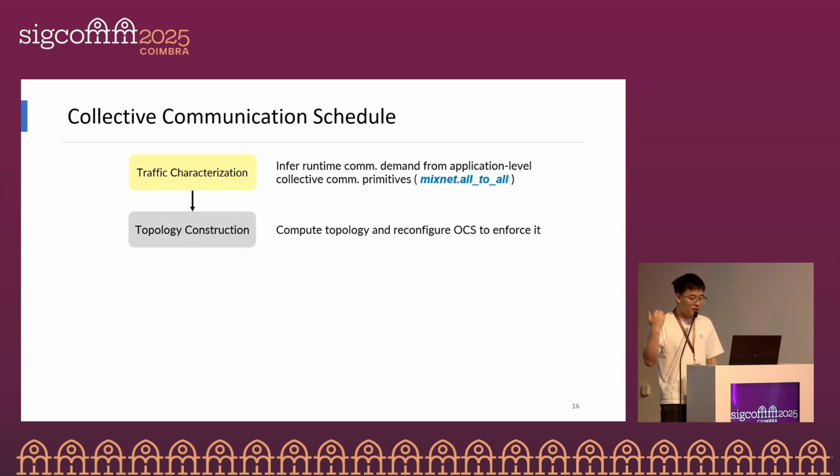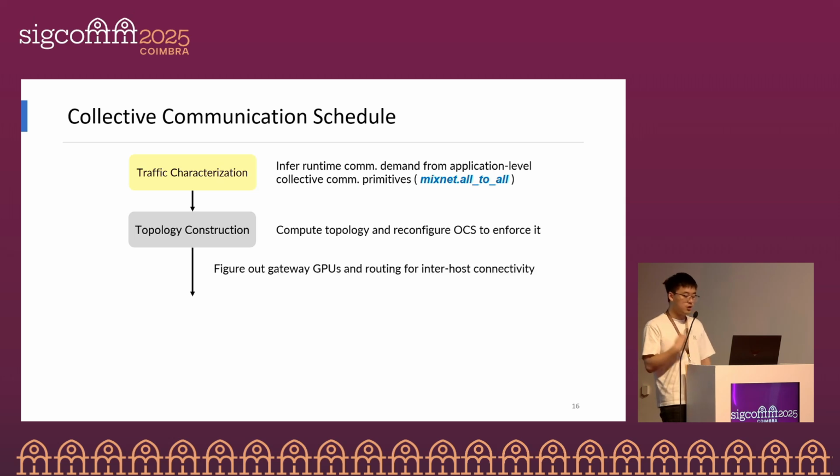So this illustrates how collective communication is performed within the reconfigured topologies. First, we have the traffic demands. Each OCS controller computes a topology with a heuristic gradient algorithm and enforces the topology by reconfiguring the OCS fabric.